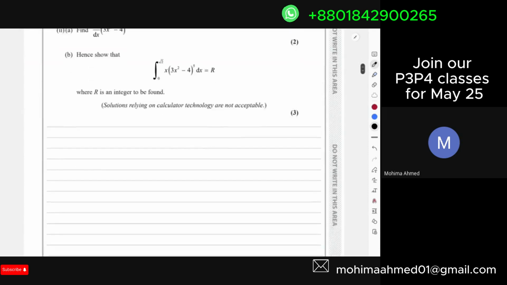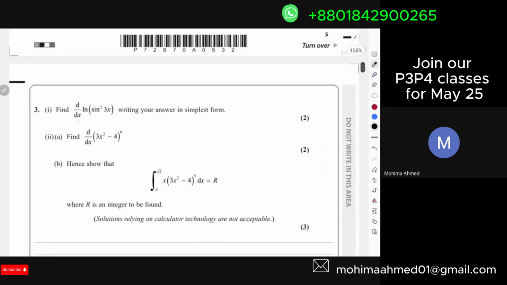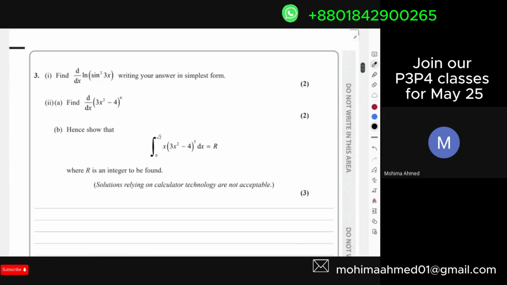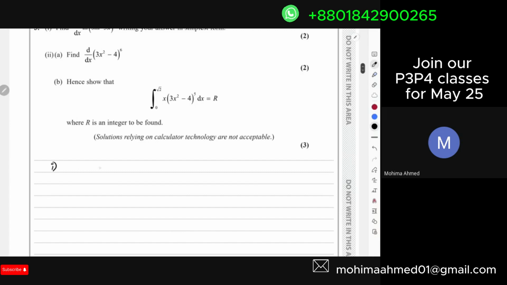This was question 3: d/dx of ln sine square 3x. If I differentiate it, it's going to be 1 over sine square 3x, and then I have to simplify it.